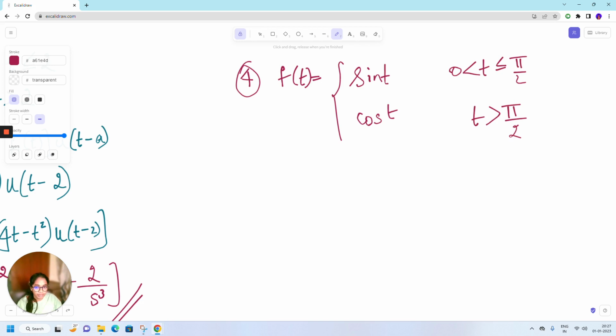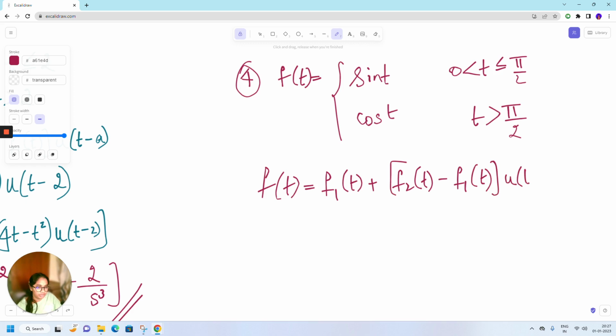Let me apply the formula, that is f of t is equal to f1 of t plus f2 of t minus f1 of t, this whole thing into u of t minus a. What do you have in place of f1 of t?